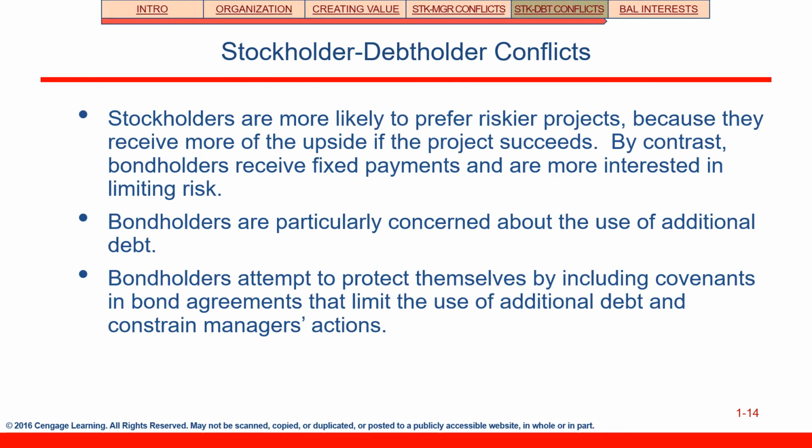Next, stockholder-debtholder conflicts. Stockholders are more likely to prefer riskier projects because they receive more of the upside if the project succeeds. By contrast, the bondholders or the debt holders receive fixed payments and are more interested in limiting risk. So there is conflict because the debt holder, the bondholder, usually doesn't like risk.